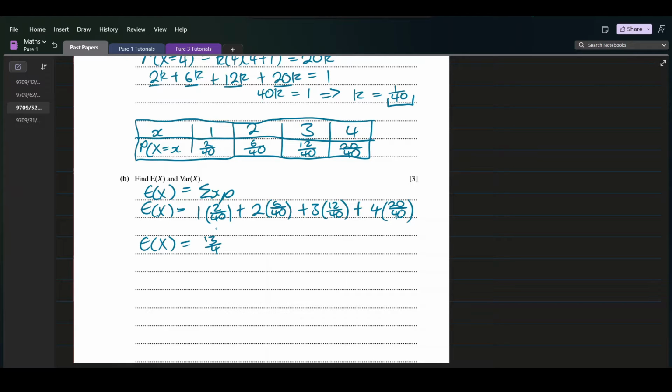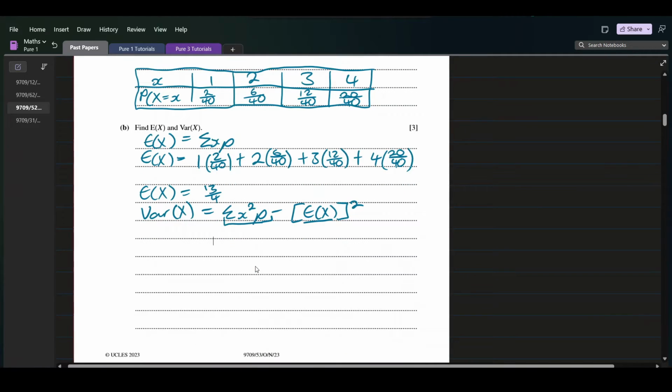And now we need to find the variance. So Var of X, the formula in the MF19, is the summation of x squared p minus the expectation of X squared. We already have the expectation. Now let's find the summation of x squared p.